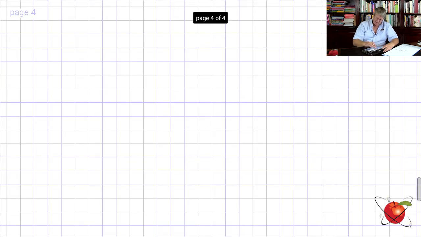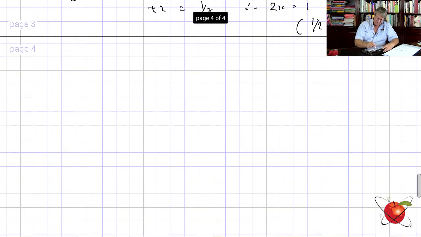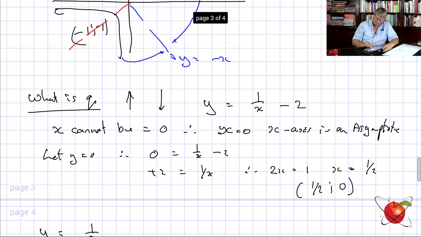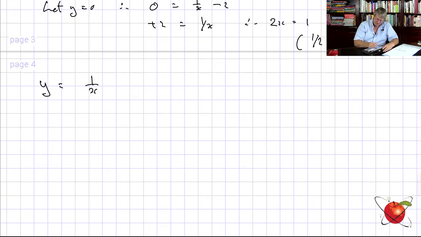Right, now let's just rewrite it. y is equal to 1 over x, and it was minus 2. Let's have a look at what's happening here.